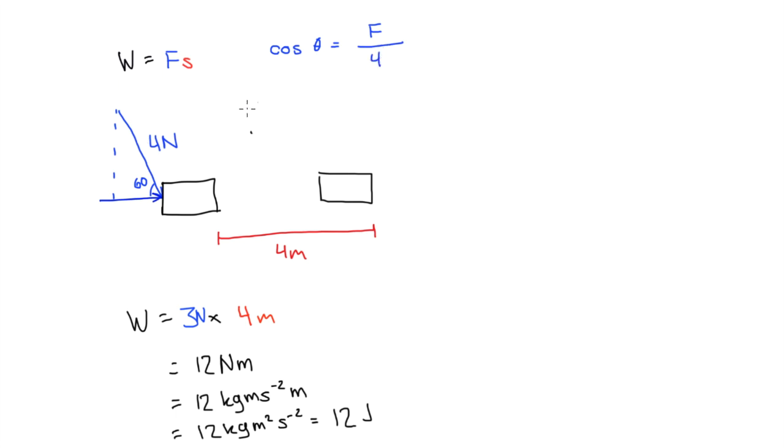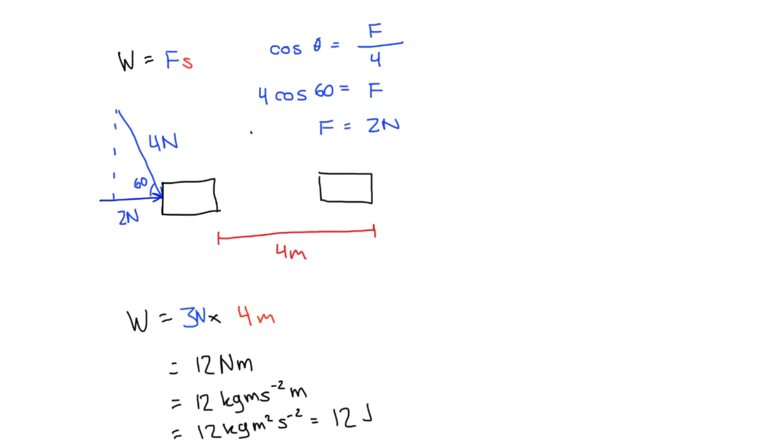And so if we know theta is 60, then cos 60 times 4 is going to equal F. If we do this calculation, we find that F comes out to be 2 newtons. So the parallel component to its displacement of this force will be 2 newtons.